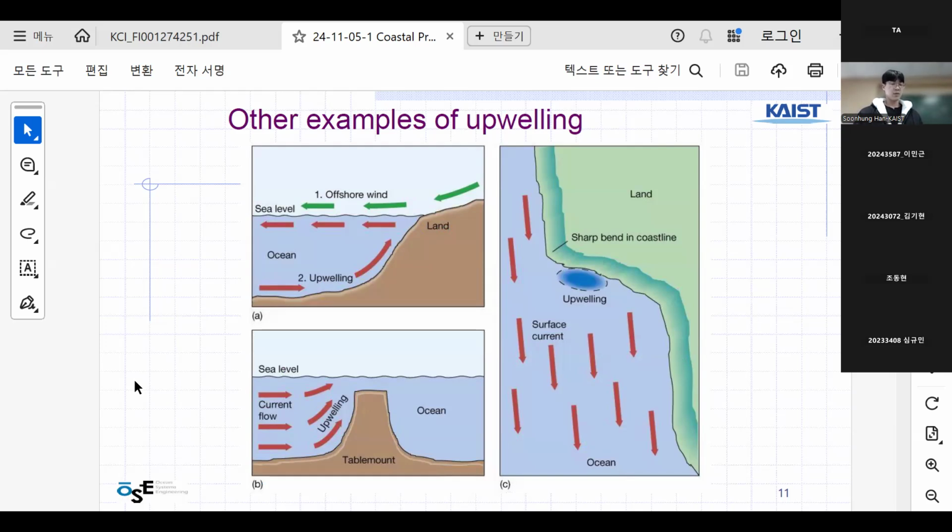When the surface water goes out to the deeper sea, then upwelling occurs. And the next one is a seamount. When there are obstacles in the deep sea, the current flows up through the surface like this, so upwelling occurs. And the last one is when the surface current flows nearby the coastline and there is a sharp bend in the coastline, on this side upwelling occurs like this.